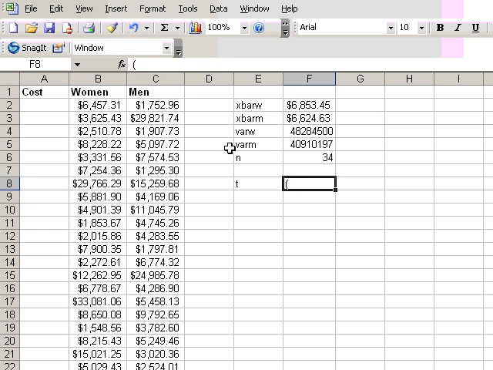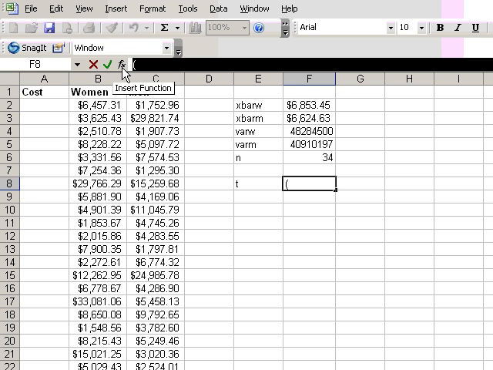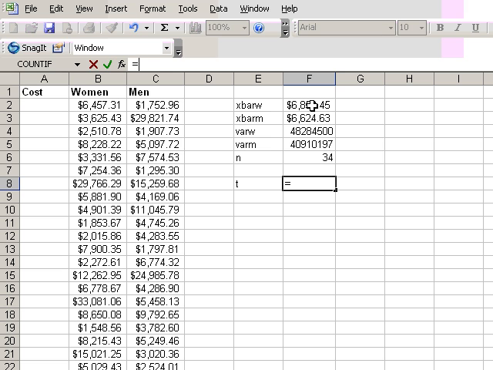To simplify the presentation, I'm going to subtract the mean for men from the mean for women, which is exactly what I've done here, and now I have to put a parentheses in front of this, and divide that by SQRT of the variance for women plus the variance for men divided by 34.